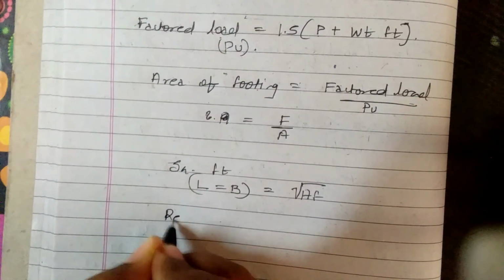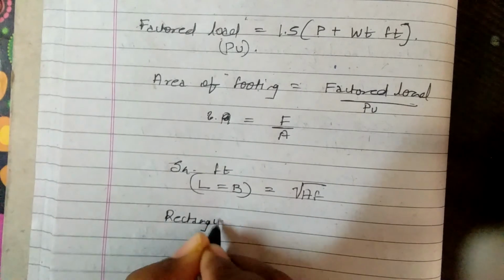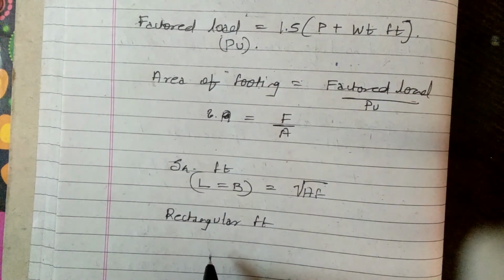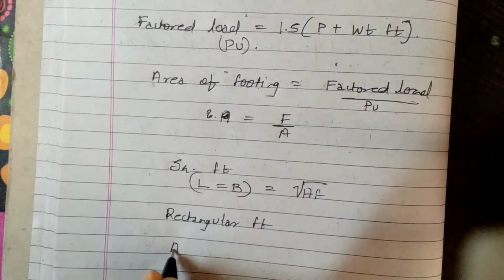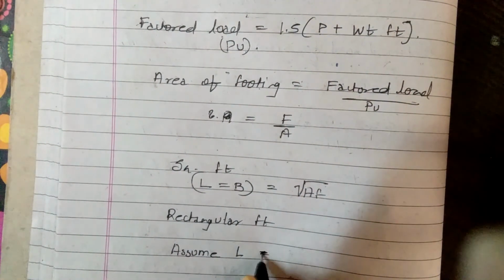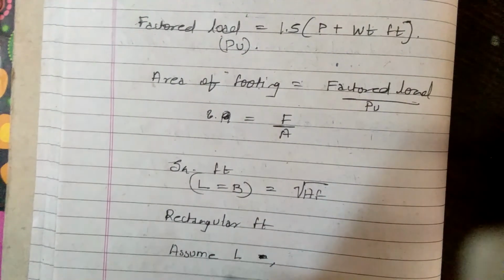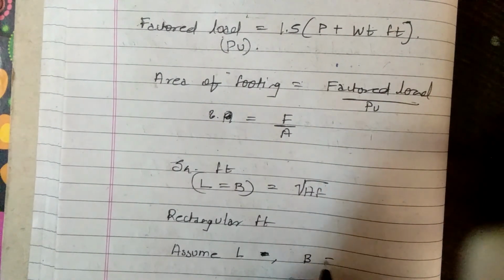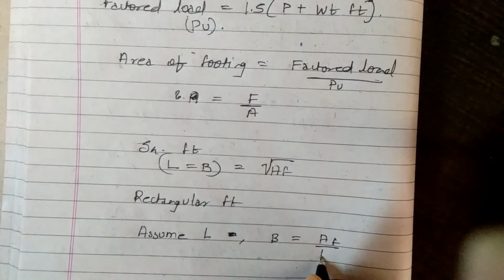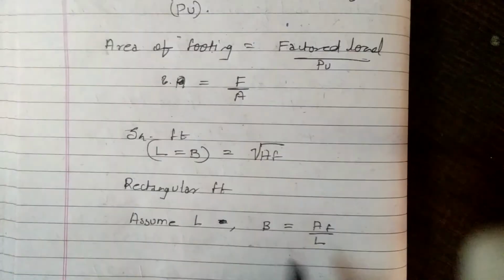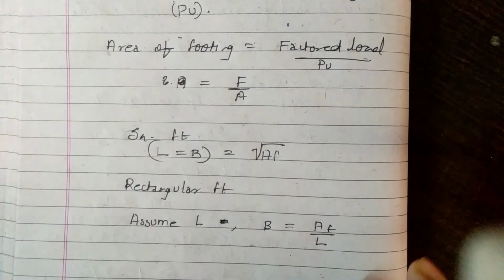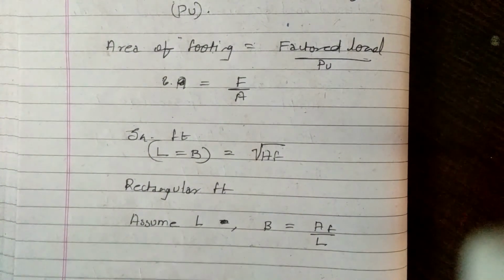Now rectangular footing: assume L, and then B is equal to the area of footing divided by L. It might be from the ratio of the column. It will be easier.